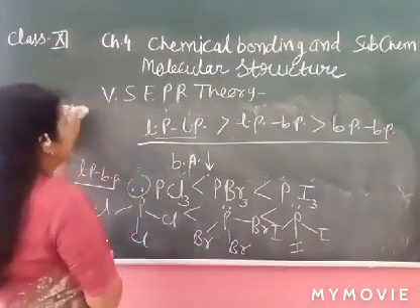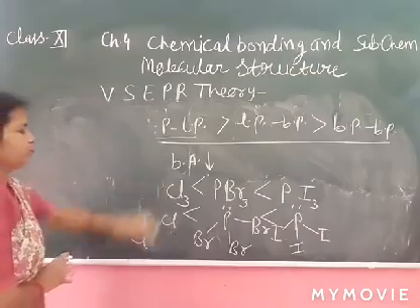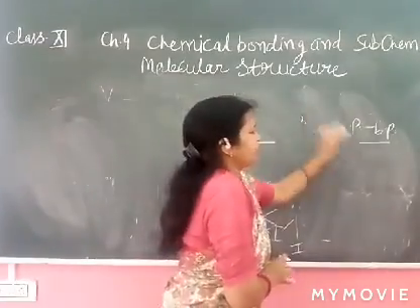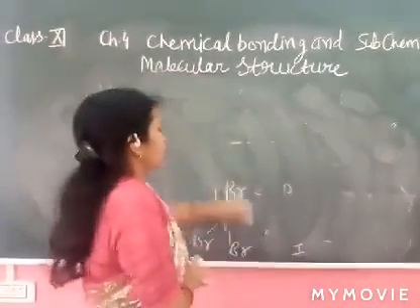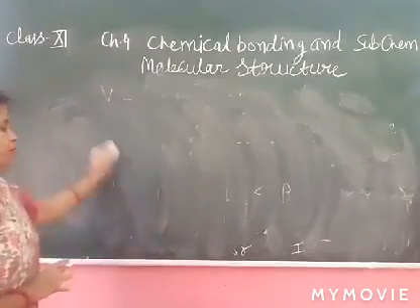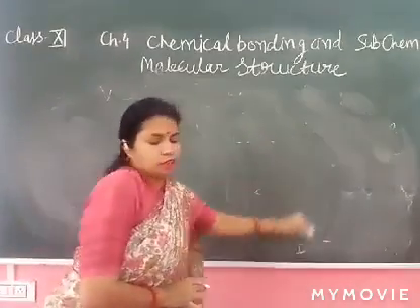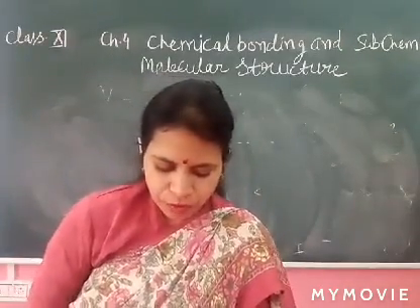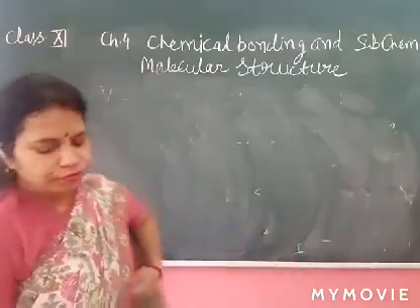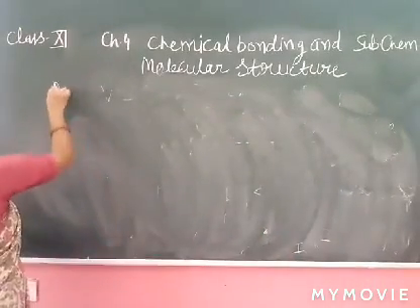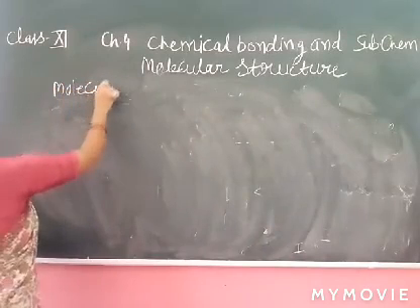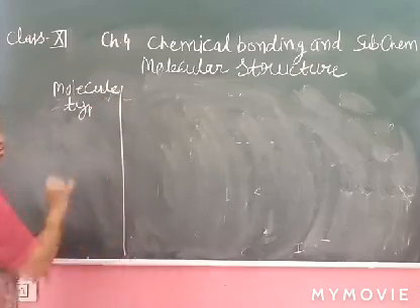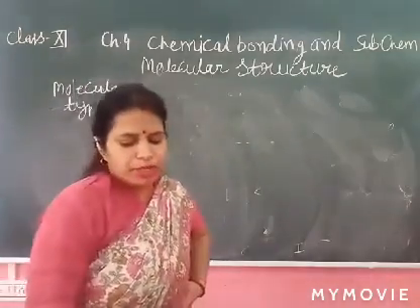Now we will make a table to explain VSEPR theory properly, how the geometry changes by the lone pair. First point, molecule type. Second is number of bond pairs.